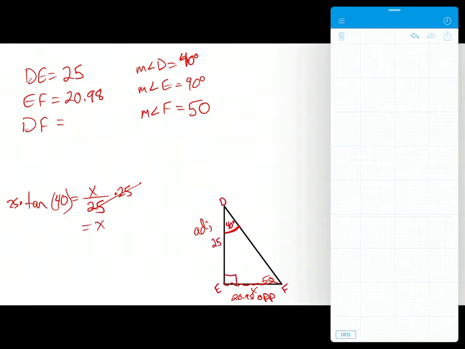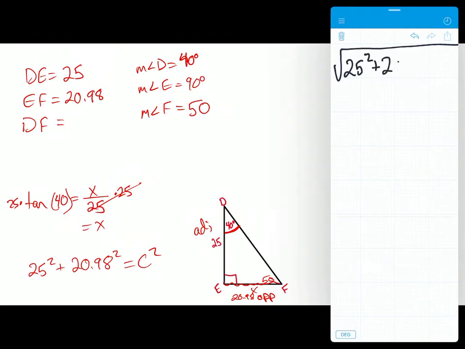Okay, so finally, to find DF, I could use a trig ratio again, or I could do a squared plus b squared equals c squared, since I know 2 of the side lengths now. So I'm going to do 25 squared plus 20.98 squared equals c squared. So in my calculator, the square root of 25 squared plus 20.98 squared, and I get my total answer of 32.64.